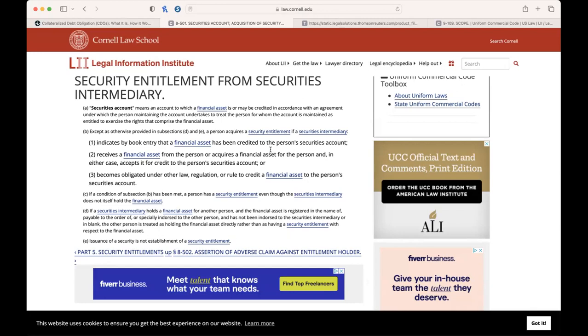Look at that. Receives a financial asset from the person or acquires a financial asset for the person, and in either case accepts it for credit to the person's security account. Remember I said accepts delivery? When you signed at that car dealership or with the mortgage broker and you saw them take it, with the mortgage, he has to fold it up and put it, well, it depends how they ask for it to be delivered.